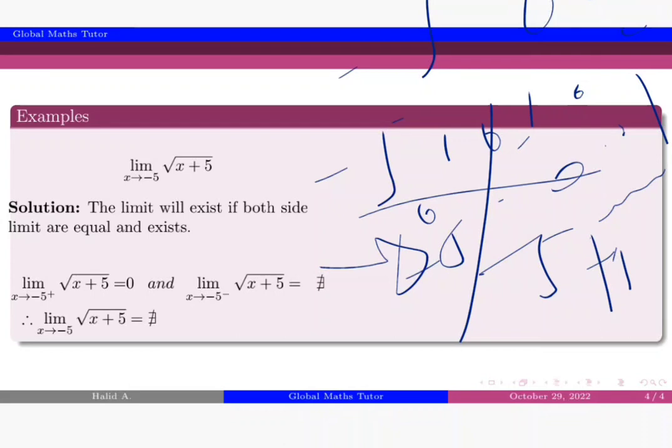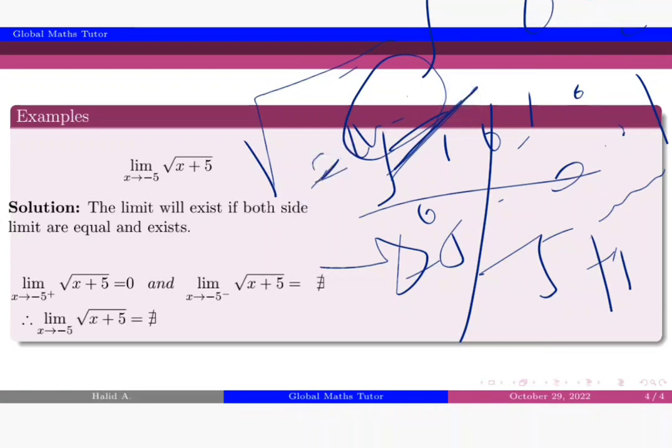So it gets nearer and nearer to 0, but it has negative values. Nevertheless, despite the smallness of the number, it is still a negative number.